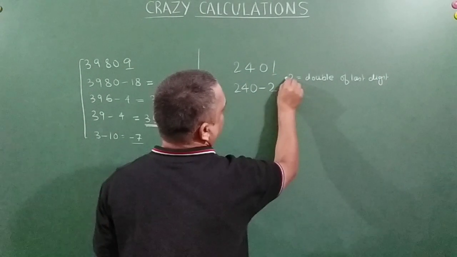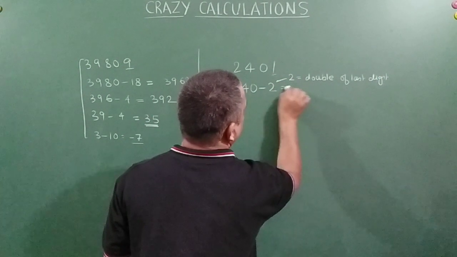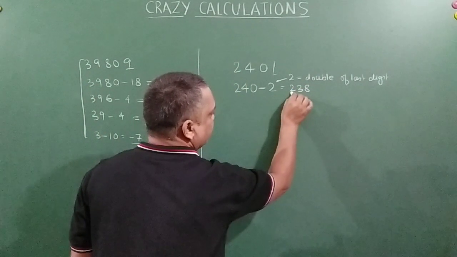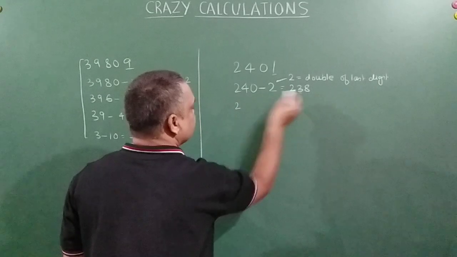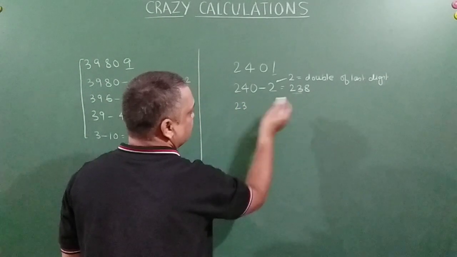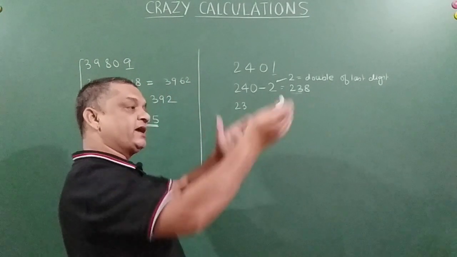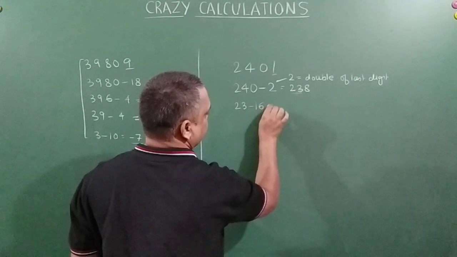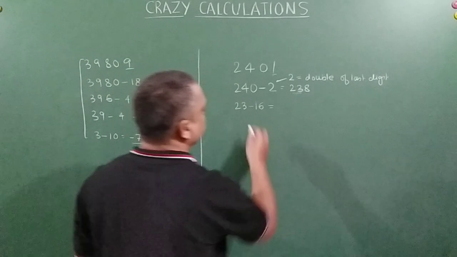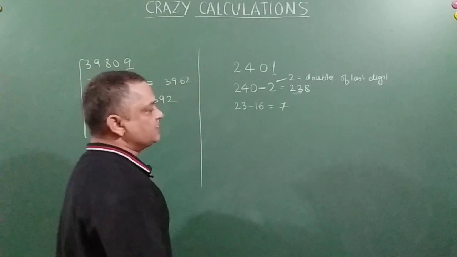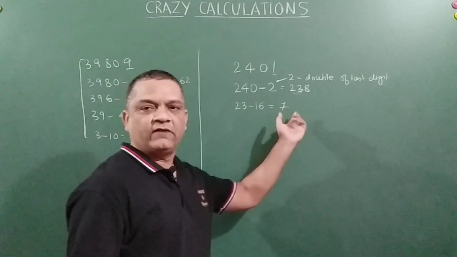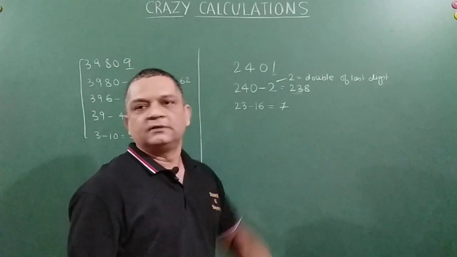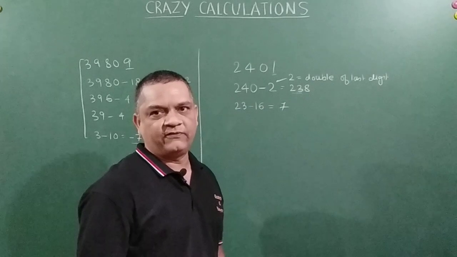This 2, I'm talking about this 2. So this gives me 238. Correct, friends? Now again we leave the last number and write everything else, minus double of the last number, 16. How much? 7. What do we see, friends? This has come up as 7, so 7 is a multiple of 7, right? Positive, and this number is divisible by 7, right, friends?